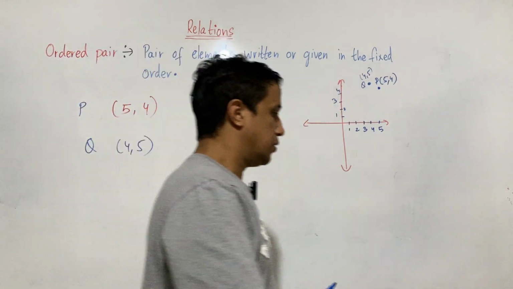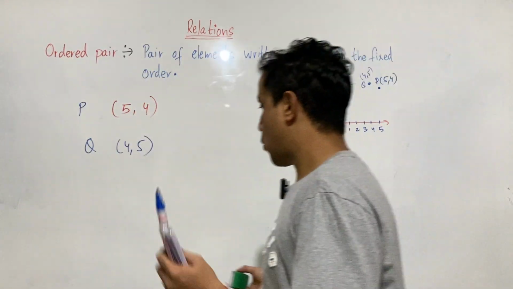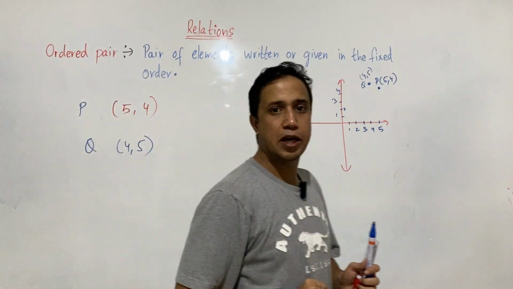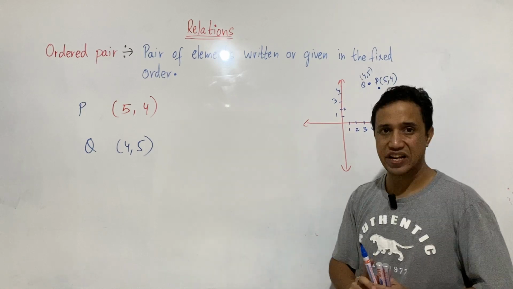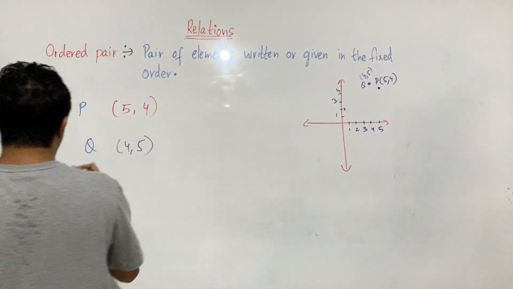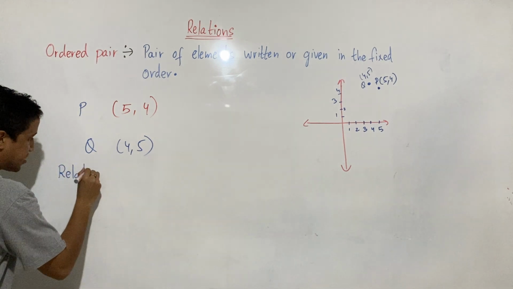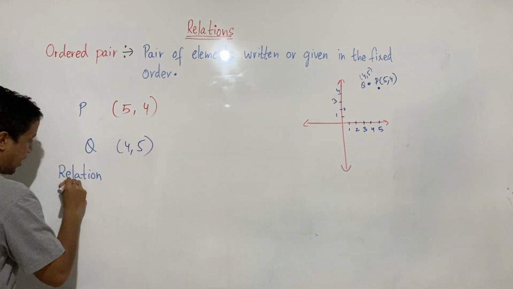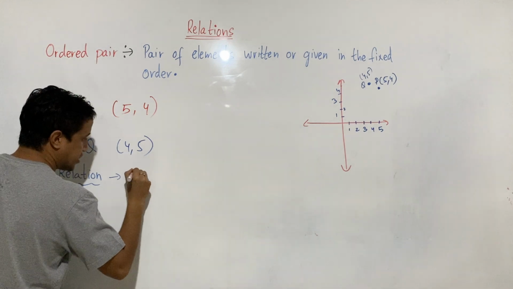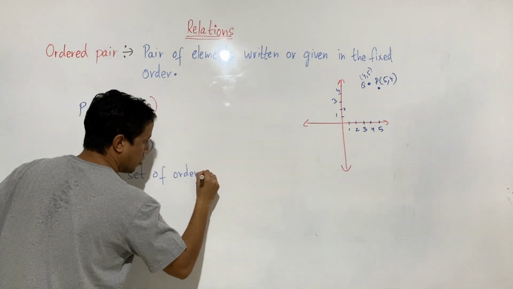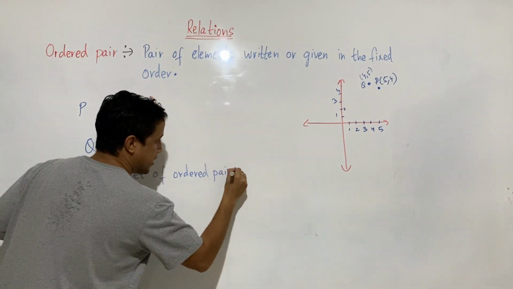For example, I will give you a quick glimpse of the definition of a relation. A relation is a set of ordered pairs.